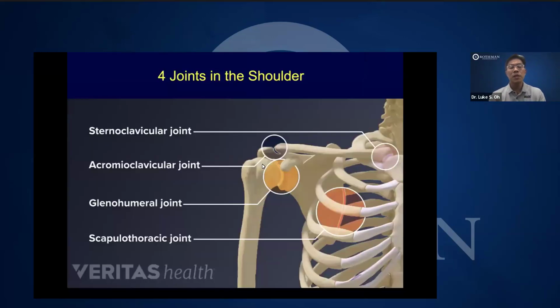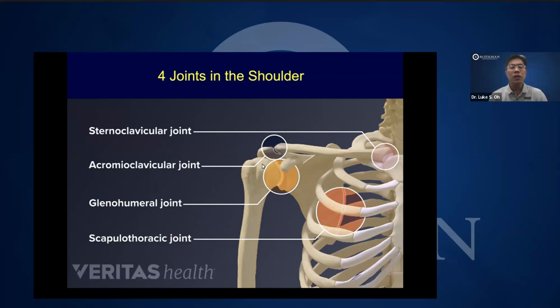So for most people, classically, there are 4 joints in the shoulder girdle. You have the sternoclavicular joint, which connects the shoulder girdle to the axial skeleton, the acromioclavicular joint, the glenohumeral joint, and the scapulothoracic joint.